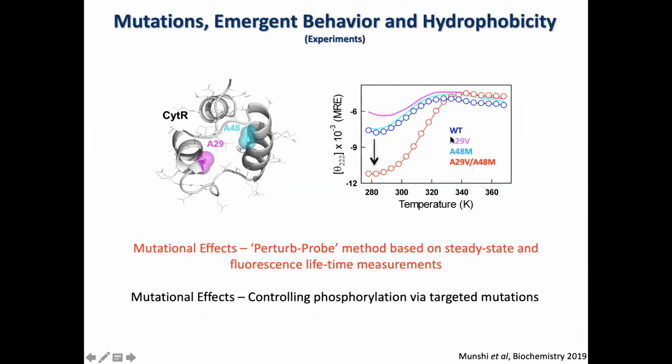But when you introduce these two individual hydrophobic substitutions, alanine to valine, which is a small hydrophobic residue to a larger hydrophobic residue, or this to this, the protein still remains disordered. But the moment you introduce this mutation, A29V and A48M together, you see some kind of emergent behavior where the protein molecule collapses and folds, even at the same conditions when there is no DNA.